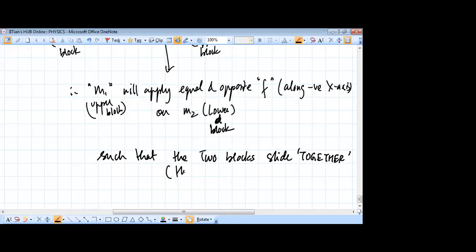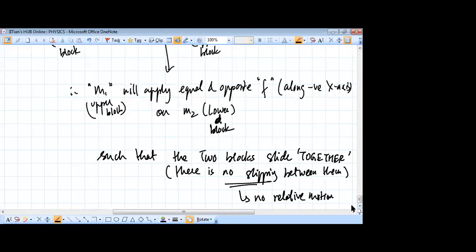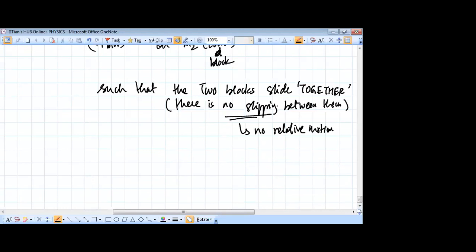There is no slipping between them, which also means that there is no relative motion. They are moving together. So there's no slipping between them, and they have identical acceleration a.